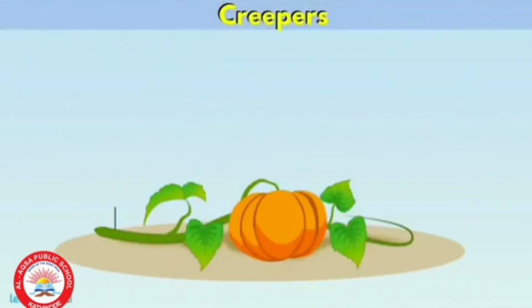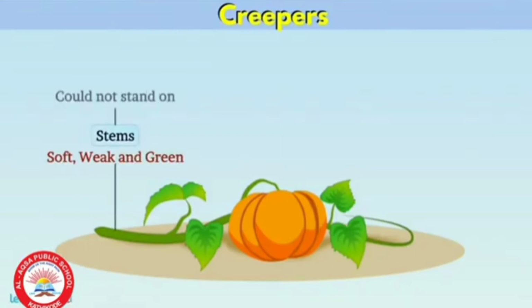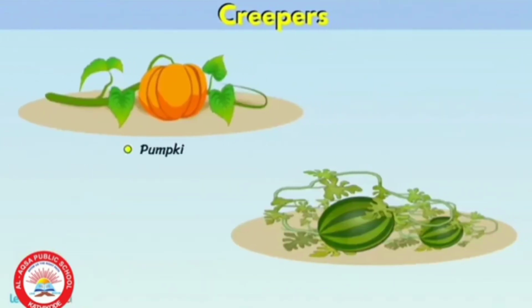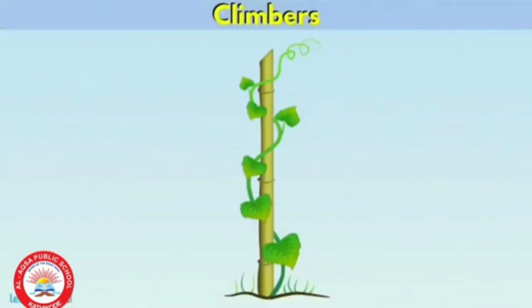Next one, creepers. They have soft, weak and green stems, and they cannot stand up, so they spread on the ground. Examples are pumpkin and watermelon. And the next one is climbers.